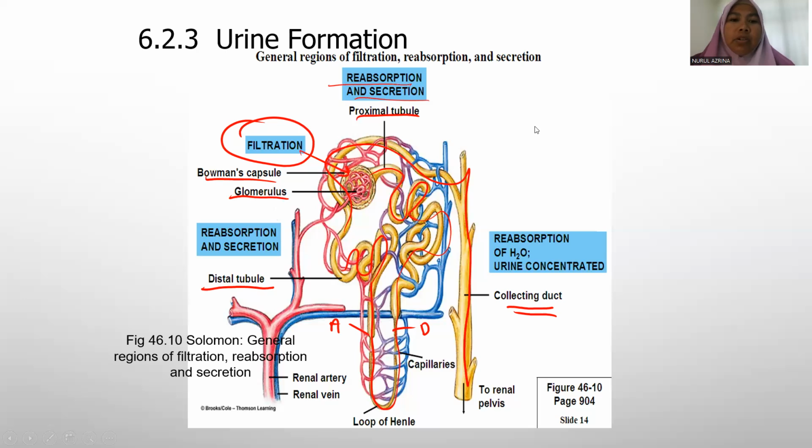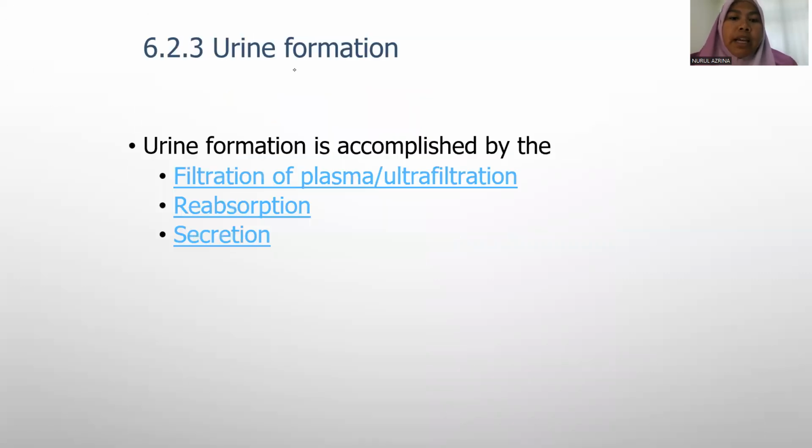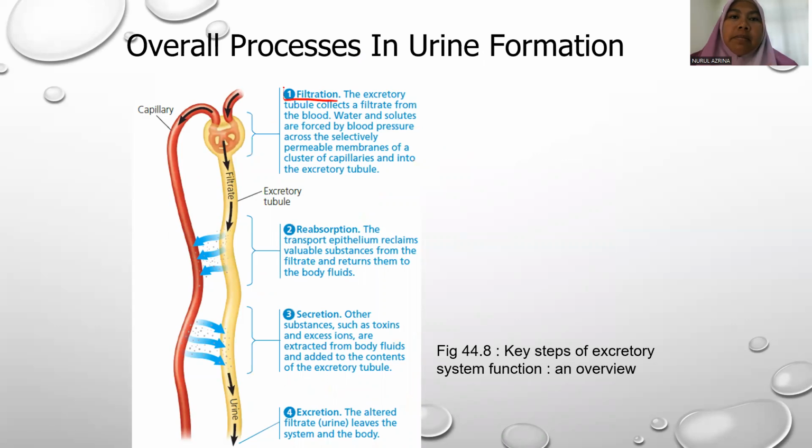Next we go to the overall process of urine formation. Start with the filtration, which we call ultrafiltration. Filtration is where the excretory tubule collects filtrate from the blood. Blood coming through the kidney via the afferent arteriole will be filtered here in the glomerular capillary, within the Bowman's capsule.